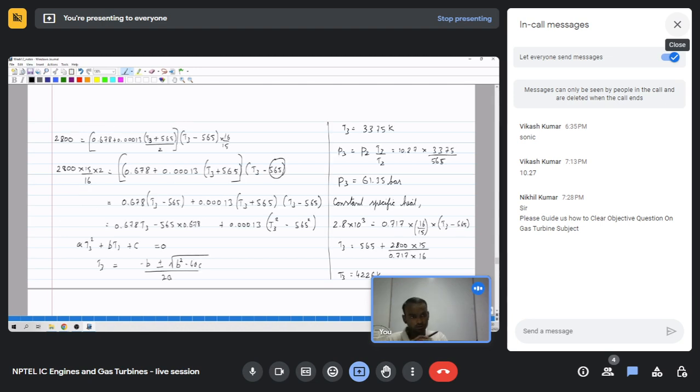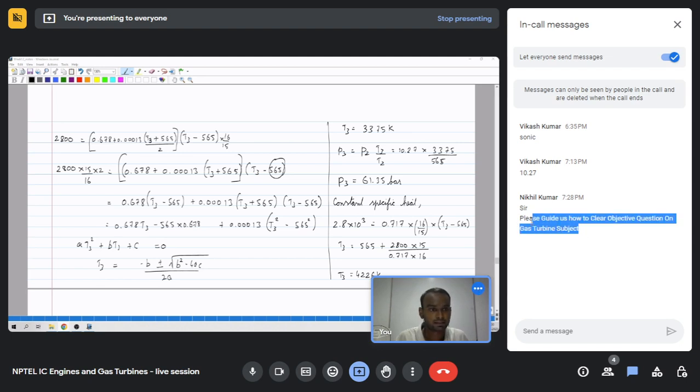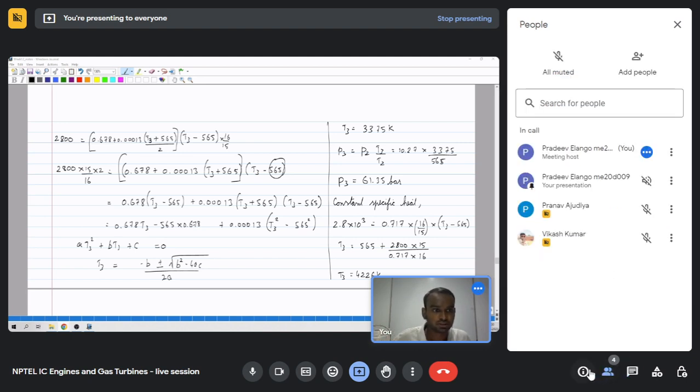Do you have any questions in this problem? Nikhil Kumar has asked, please guide us how to clear objective question on gas turbine circuit. If you have questions on any particular topic, I can answer, but how to clear objective question? If you have any question that has to be answered for gas turbine subject, then we can take up the question.